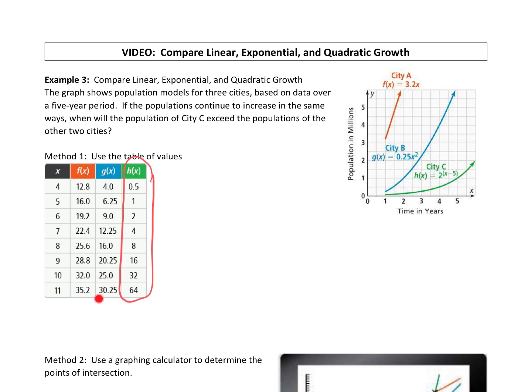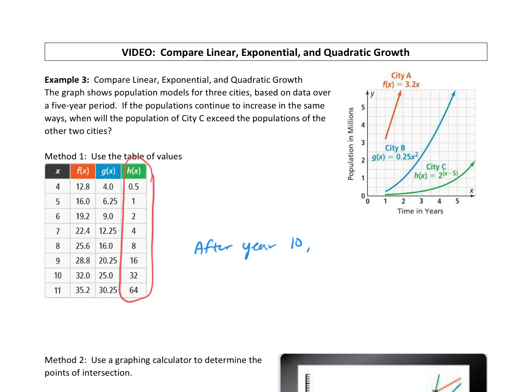But here, after 10 years, and before we get to 11 years, at some point in that range, city C has exceeded. We have a higher population in city C than the other 2 cities. So we can say that after year 10, we don't have the specific data to know was it 10 years and a month, 10 years and 3 months.